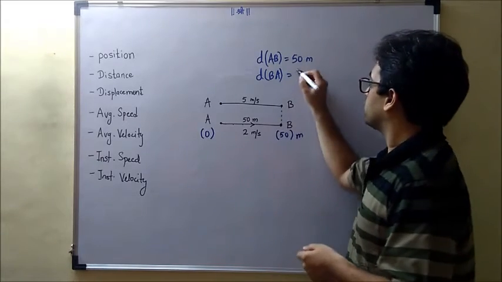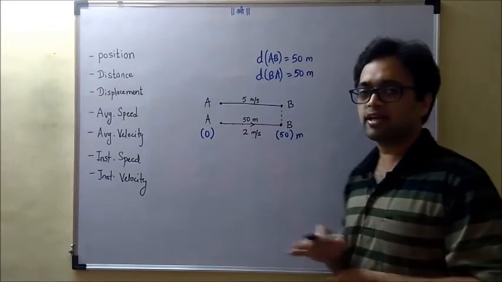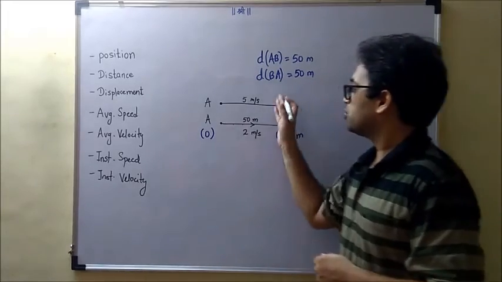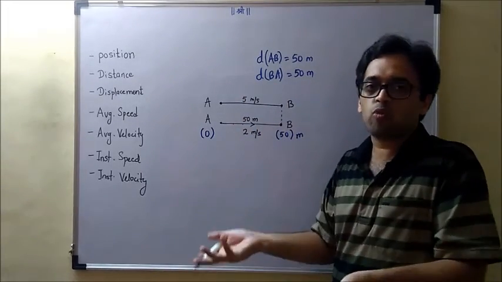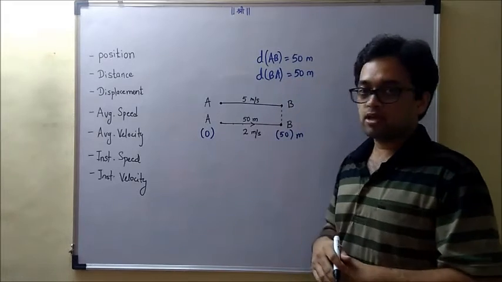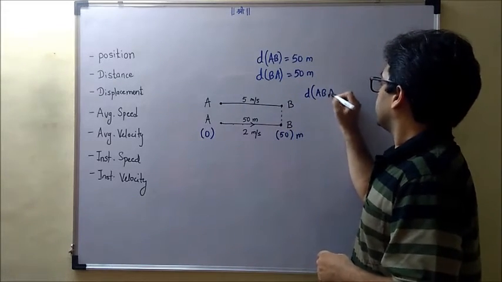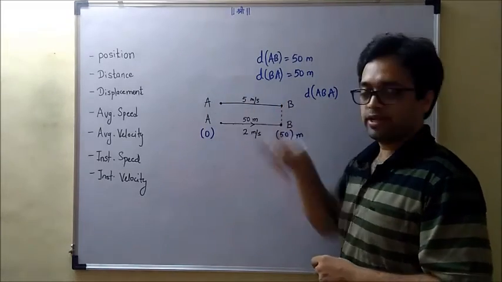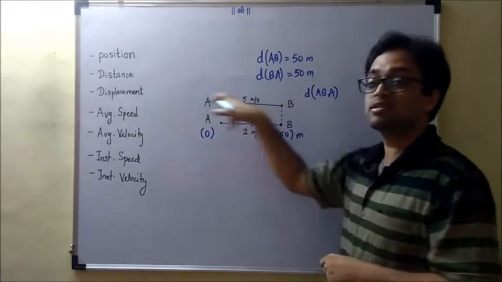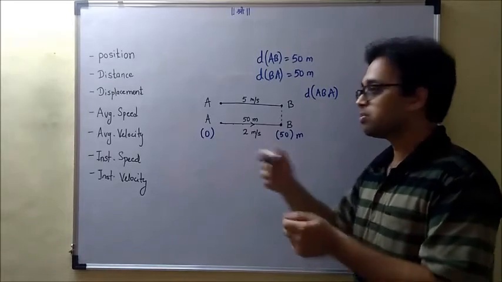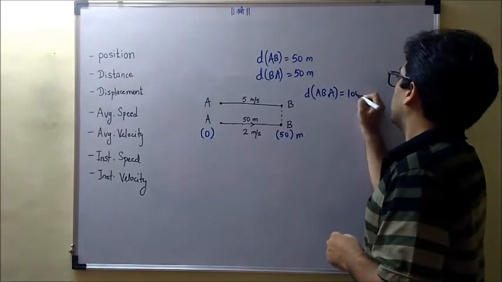No, it will be again 50 meter, because distance doesn't take into account the direction. So even if you go from B to A, the distance between 2 points will stay 50 meter. What is the distance of ABA? That means A to B and back to A. What is the distance? You traveled how much distance in total? It is 50 meter plus 50 meter, so it is 100 meter.